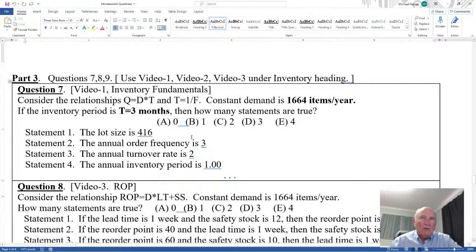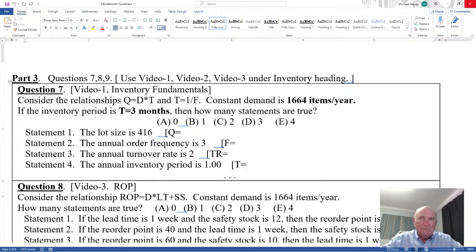So on all of these, let me come out here. I want Q. On this one, I want order frequency, but it's my annual order frequency. This one, I want my turnover rate, but it's my annual turnover rate. And this one, I want my inventory period, T, but my annual inventory period in years.